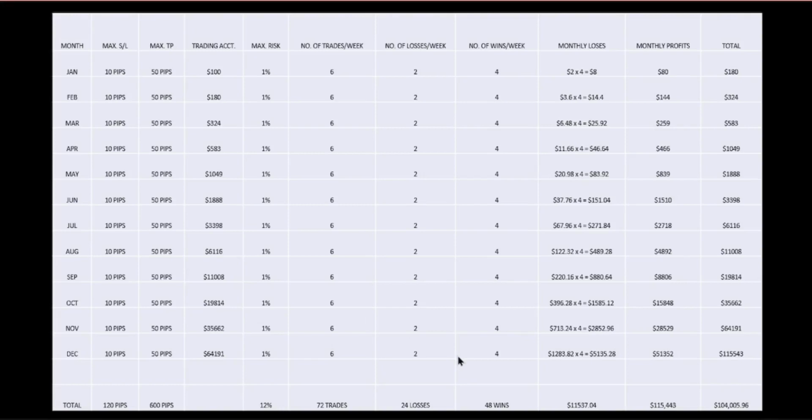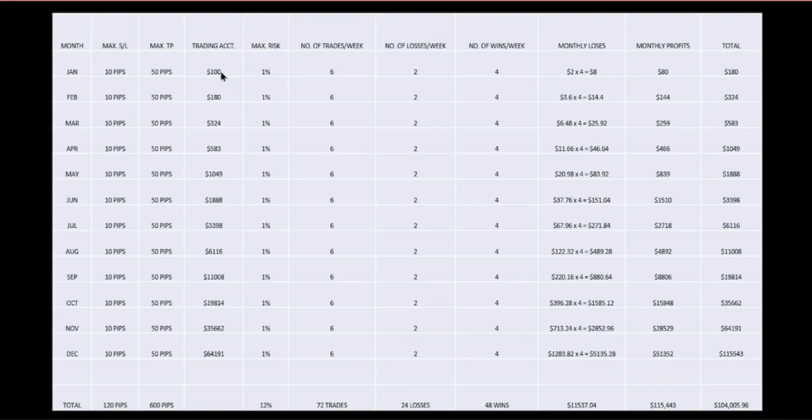This is how you can actually manage your risk in the market. You don't need to risk more than 1% of your account at any time at all. Don't risk more than 1% of your account. I want you to understand that. If you have a trading account of $100, what is 1% of $100?